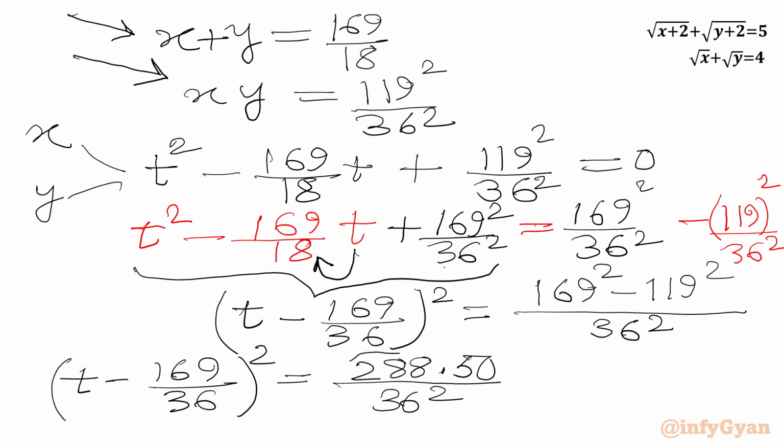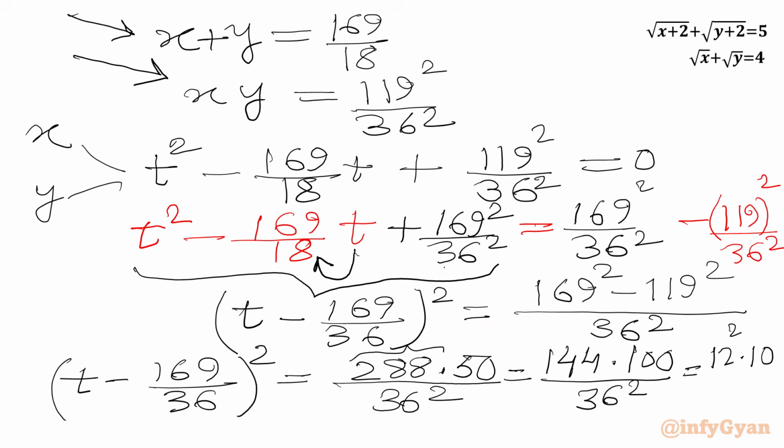Can we factor 288? 144 times 2. So we will write 144 times 2. That 2 we will multiply with 50. Now we will write 100 over here, over 36 square. Now 144 is square of 12. 100 is square of 10. The denominator is square of 36 already.